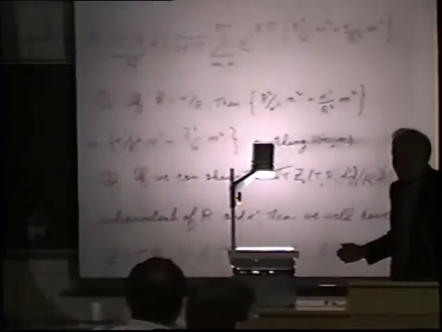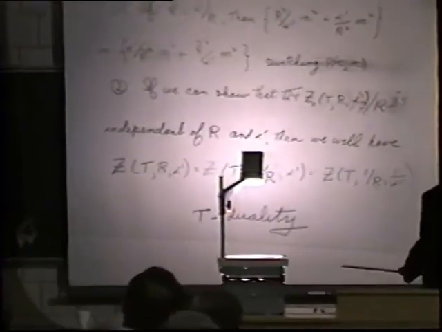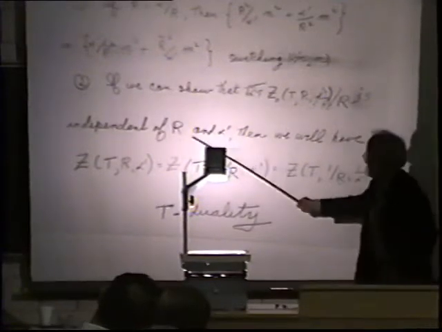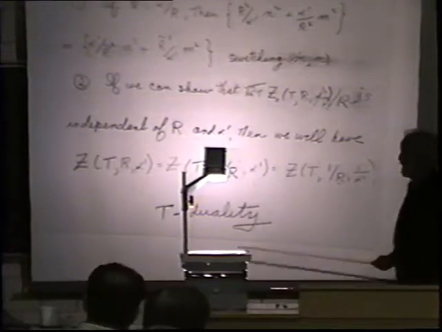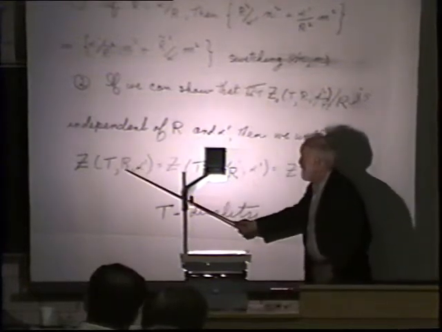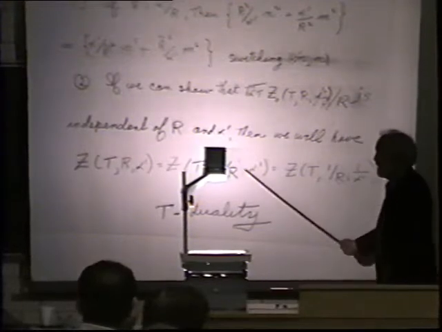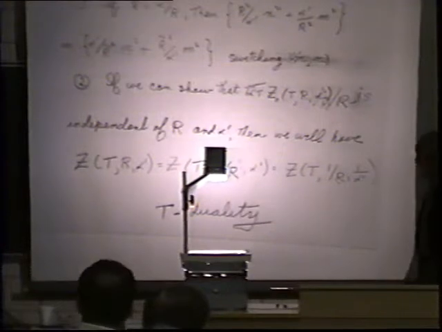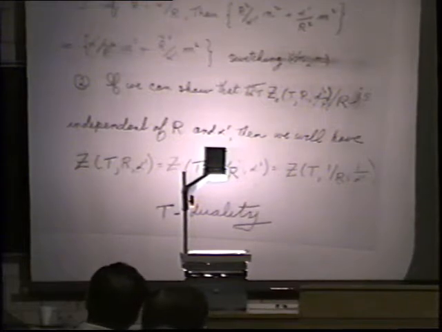Now, if we can show that this term is independent of r and alpha prime, then we will see that the partition function based on r and alpha prime will be the same as the partition function where the target radius is alpha prime over r, and actually this is the same as at 1 over r, but you change the coupling constant to 1 over alpha prime.